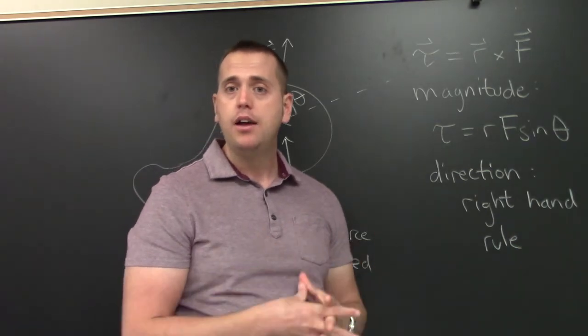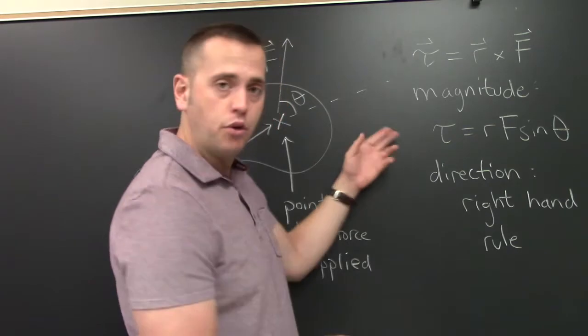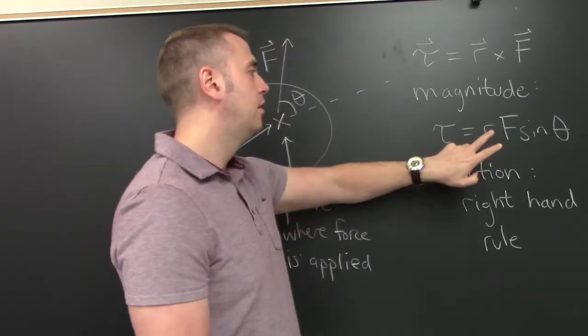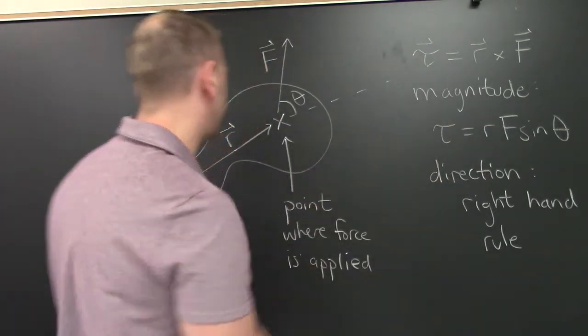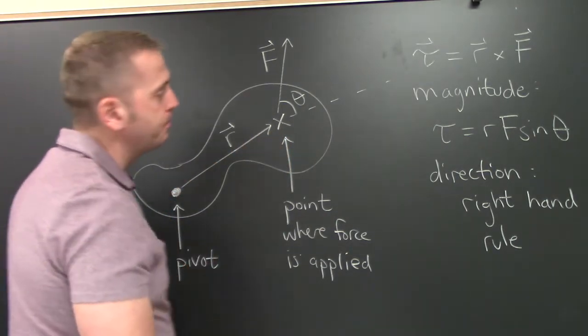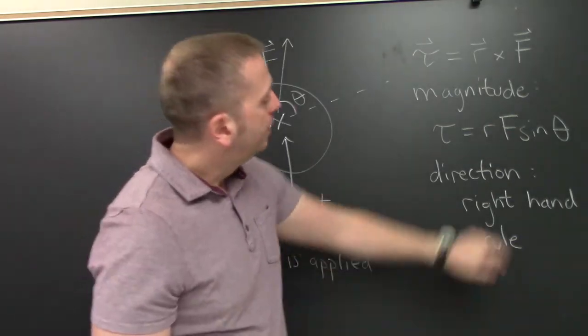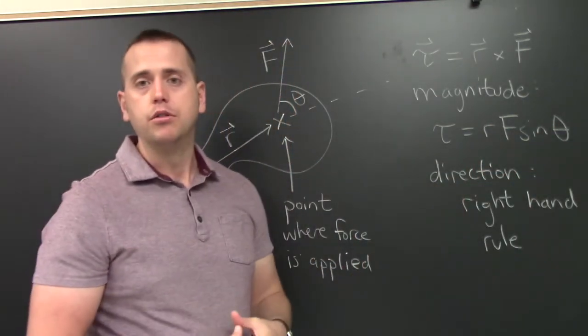In the case of torque, the magnitude is going to be the magnitude of R, which is just the distance between your pivot point and the point where the force is applied, times the magnitude of F, just how strong the force is, and then sine of the angle between those two.